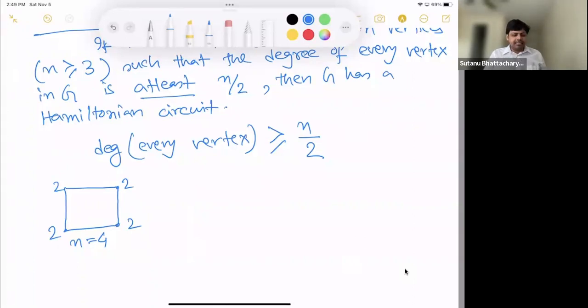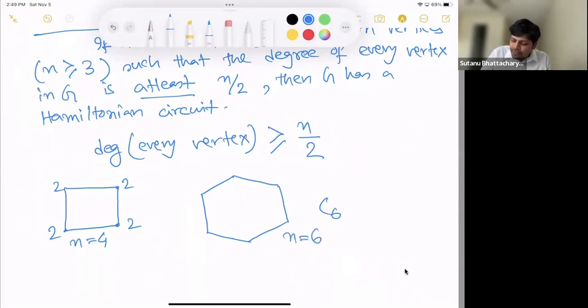Now again, I said that some graphs may not satisfy this condition, because it's not a necessary condition. So that graph doesn't satisfy this condition, but still there will be a Hamiltonian cycle. Let's take one example. Okay, this is the C6 graph, a cycle graph with 6 vertices, 1, 2, 3, 4, 5, 6. Now see, what is n here? n is 6. And what is the degree of every vertex?